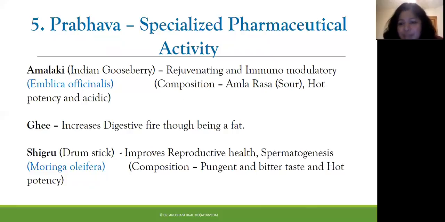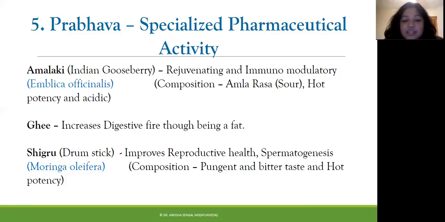But sometimes you have special qualities of a particular substance that, despite having all of these rasa, guna, virya, vipaka that are logical to aggravate that dosha, it still has the ability to not aggravate that dosha. It's not there in all substances, but some substances have these special qualities. When it does, it is clearly indicated in the classical text as prabhava. It is a specialized pharmaceutical activity.